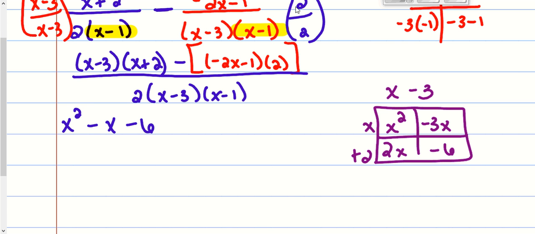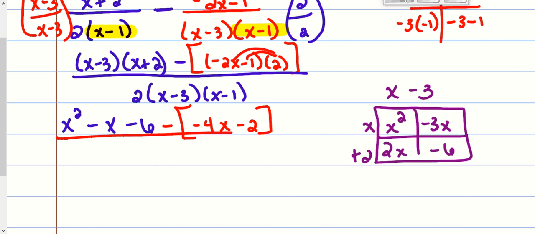Now, let's distribute. We can't distribute yet. I said let's distribute, but we can't, because we have a 2. So let's distribute, but we're going to distribute the 2. So 2 times negative 2x is negative 4x. 2 times negative 1 is negative 2. Over 2 times x minus 3 times x minus 1.